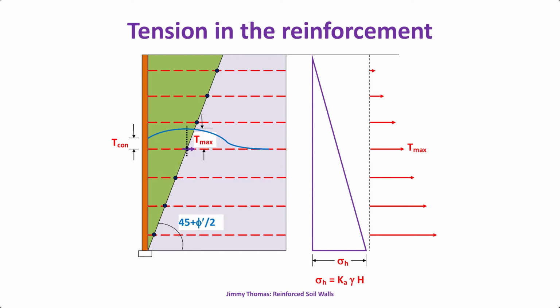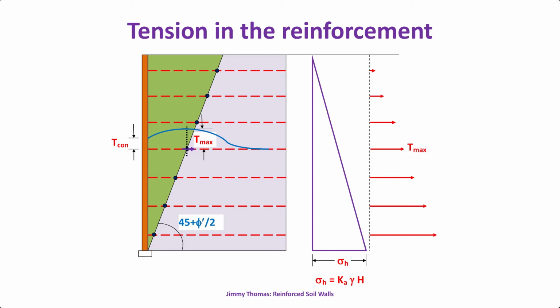And again, I mentioned what should be the spacing. FHWA puts a limit that the vertical spacing should not be more than 0.8 meter. Whereas the BS keeps quiet on that.